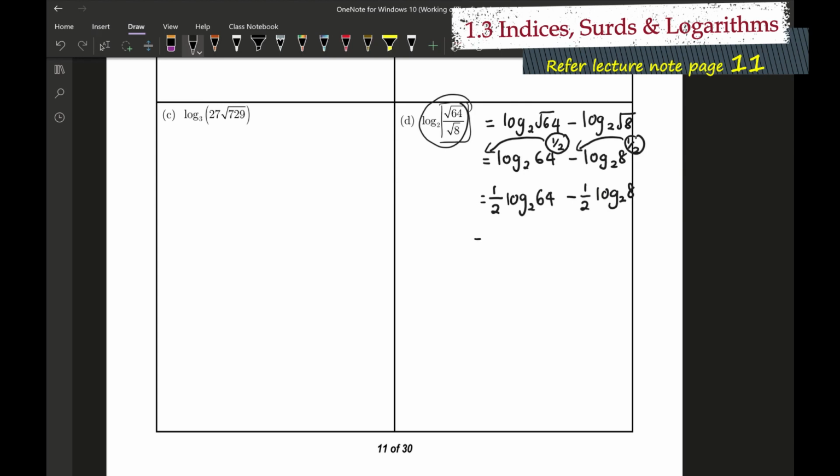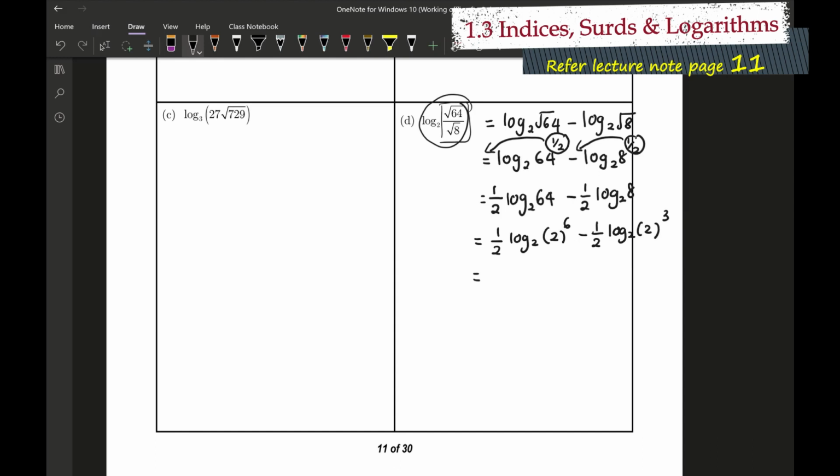From there, 64 index, 64 is equal to 2 power of 6. So 1 over 2 log 2 here is 2 power of 6 minus 1 over 2 log 2. What about 8? 8 is equal to 2 power of 3.